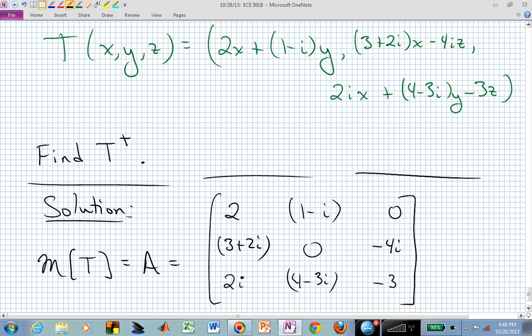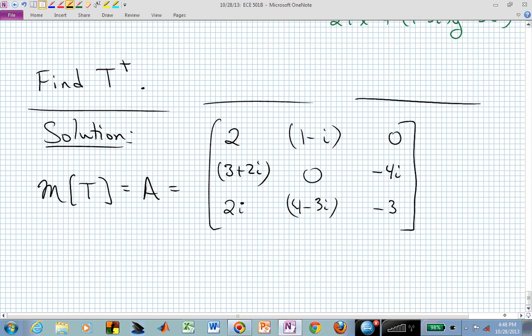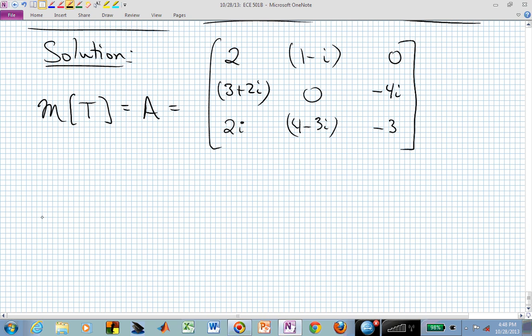Is that clear what A is? Now we know how to get the matrix representation of the adjoint. The matrix representation of the adjoint of T is the complex conjugate transpose of this matrix we just created.